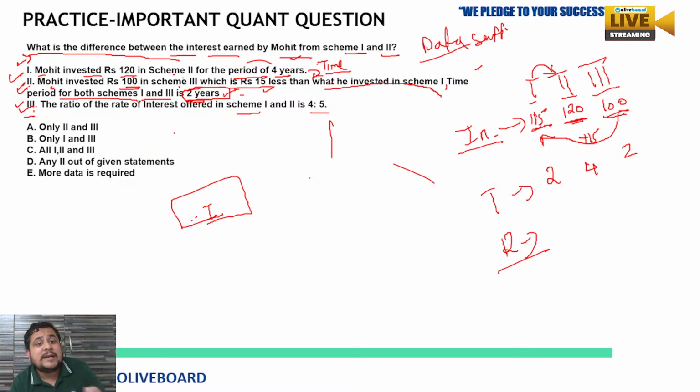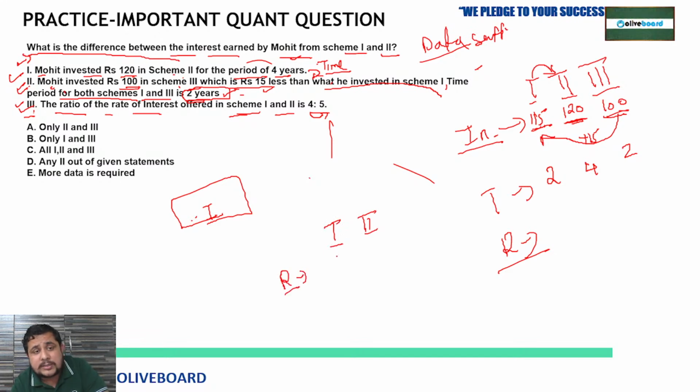Because then only we can get the interest. So if we check the third statement, the ratio of rate of interest offered in scheme first and second is 4:5. The rate of interest ratio is 4:5.